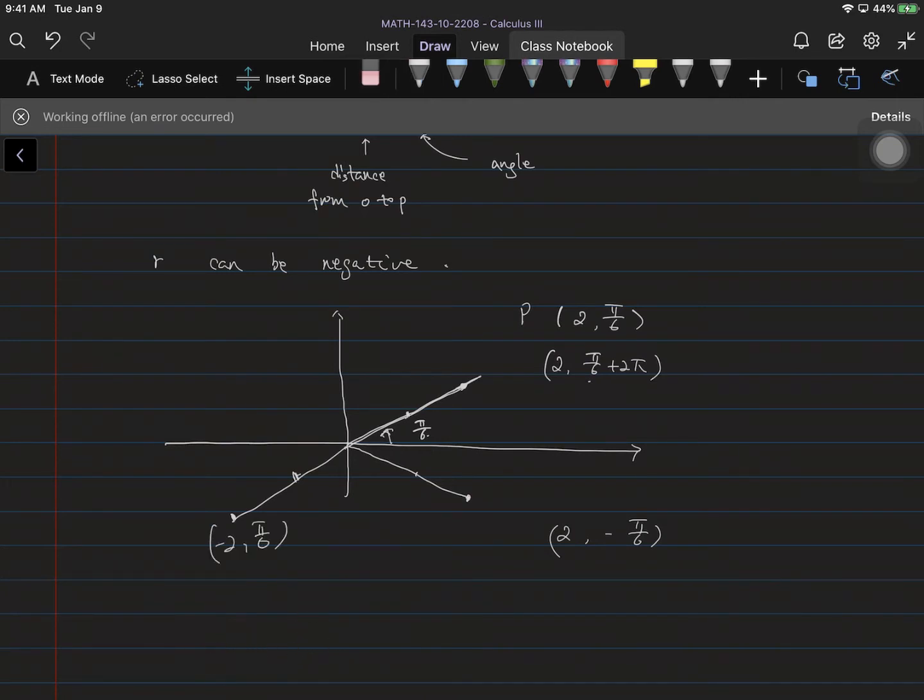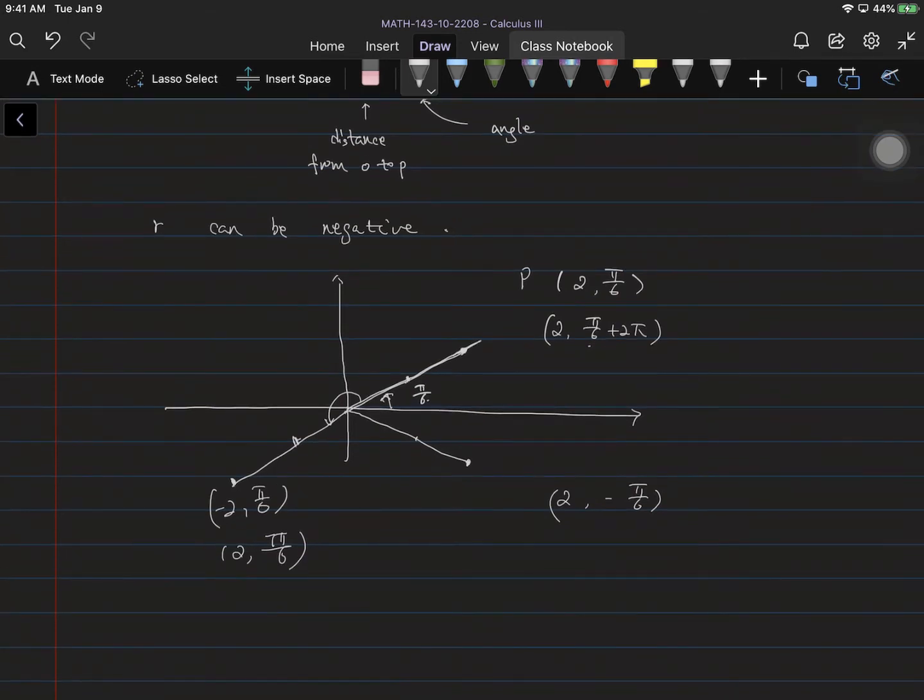Or we can also express this as positive 2, and what's the angle? Pi plus pi over 6, which is 7 pi over 6. They're the same thing. And this point can also be expressed as (negative 2, 5 pi over 6). So 5 pi over 6 is here, and then negative 2 comes to the other side.